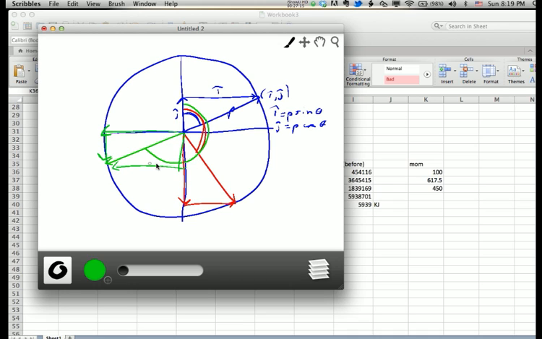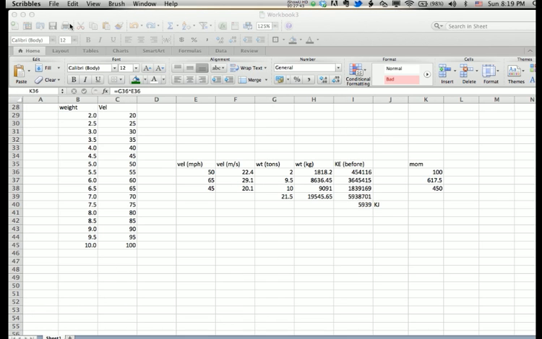So they'll both be negative for this one. For the red one, my J hat will be negative and my I hat will be positive. I'll be able to get an I hat and a J hat just by taking the sine or the cosine of these particular angles that are given by the user. So the I hat will always be the sine of the angle, and J hat will be the cosine of the angle. We might look at that a little bit later, so I'm just going to shrink that down.